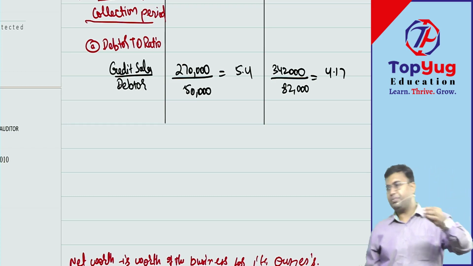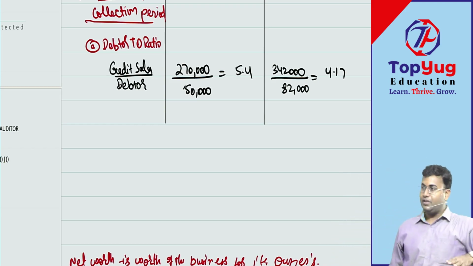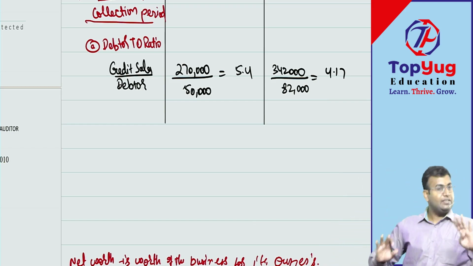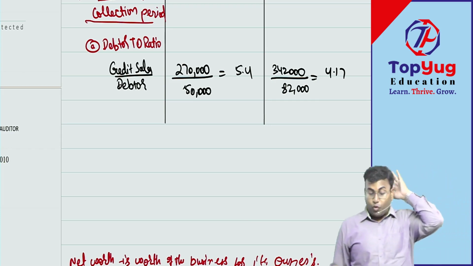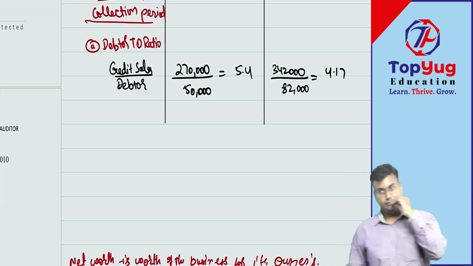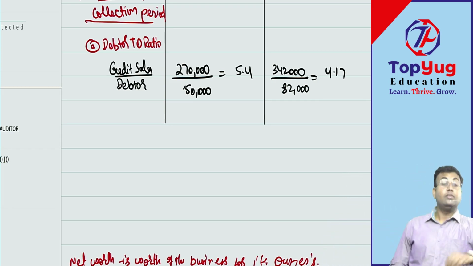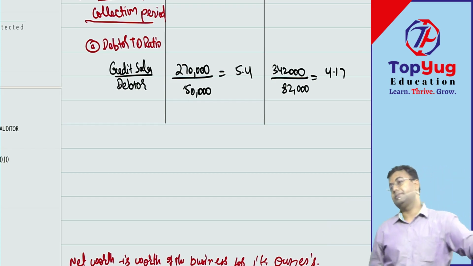That is the balance sheet period. In 12 months the total sales is 2,70,000 and the closing debtor is 50,000. That means 5.4 times is the cycle rotation. Again, that means in a year debtors are rotated 5.4 times.